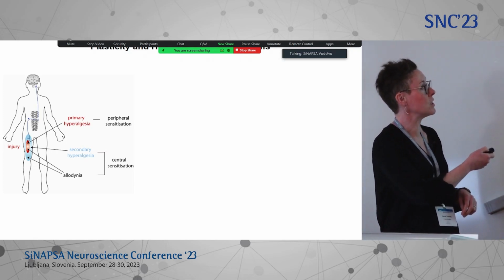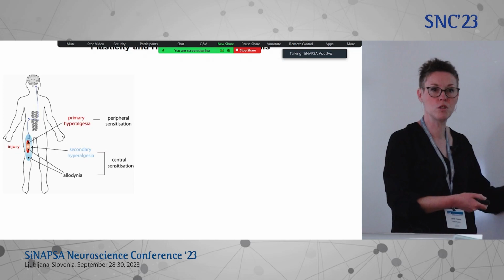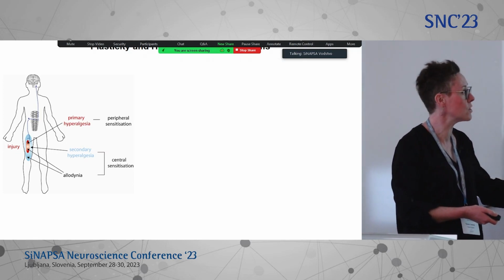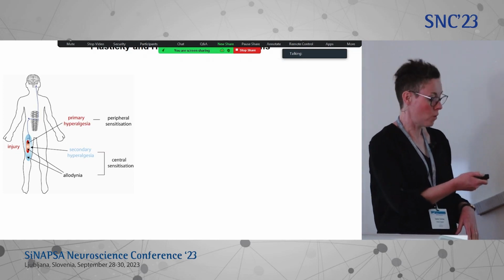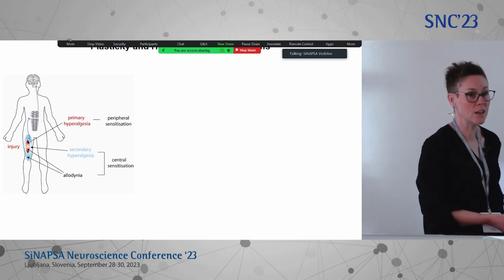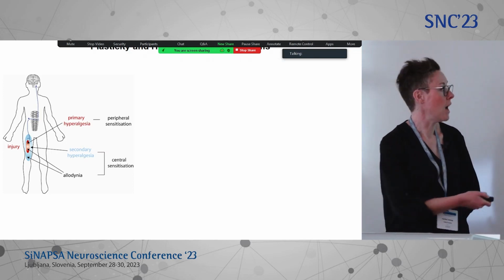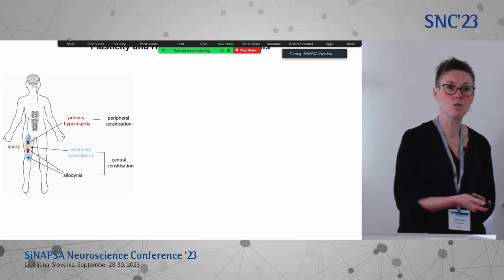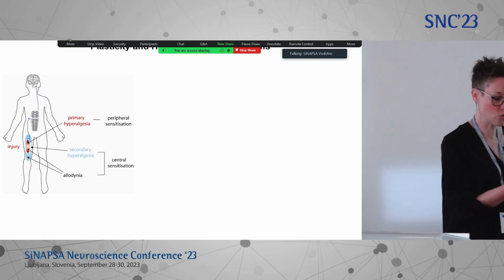So hyperalgesia in the injured zone is thought to be due to the peripheral plasticity mechanisms that we've just looked at, whereas hyperalgesia in the surrounding zone is thought to be due to central mechanisms, and allodynia is observed in both regions, and this also is thought to be due to central mechanisms.